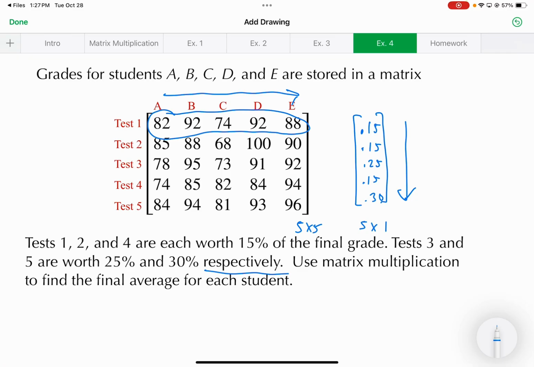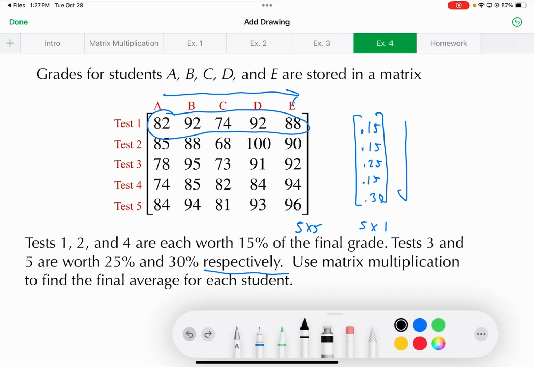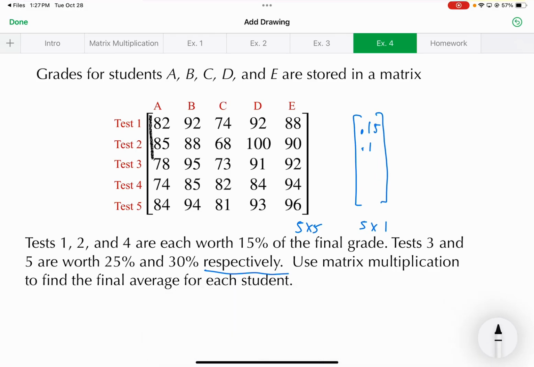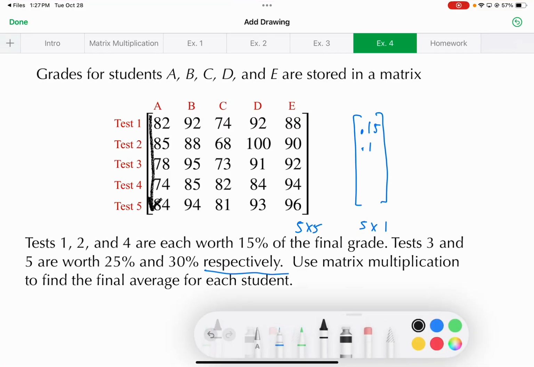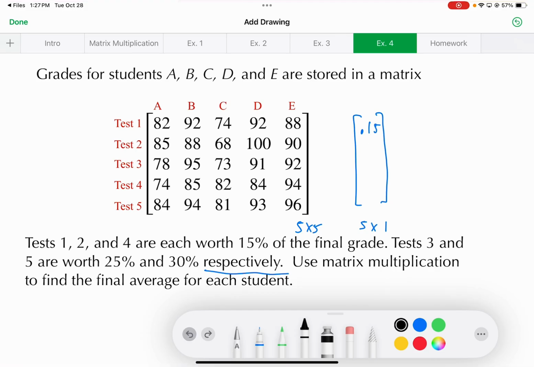Because I'm just taking all of the test 1 grades and multiplying them by each one of these weights. That's not really going to tell me anything, right? Essentially what I want to do is take the values of the tests for each kid and then multiply them by my resulting matrix to figure out what my average is. So I really want to work from top to bottom here, and then I would want to work from, well, shoot, I'd have to build this matrix differently, right?